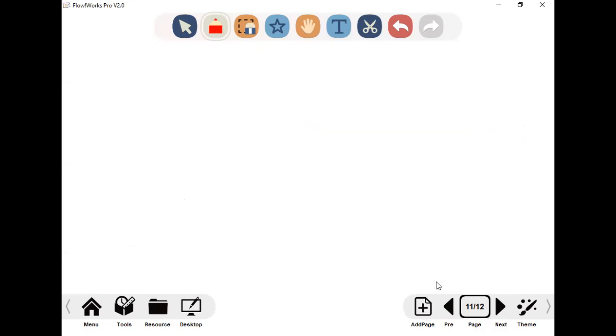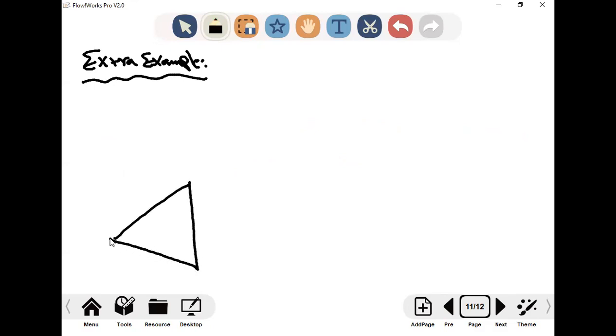Another extra example. You can copy these examples. Focus, please. This is the base.